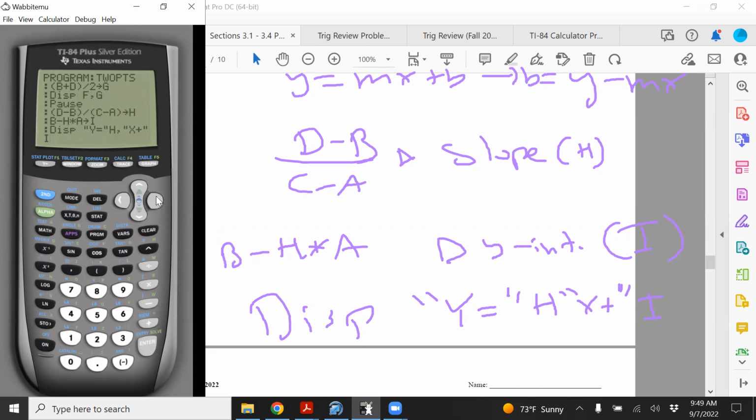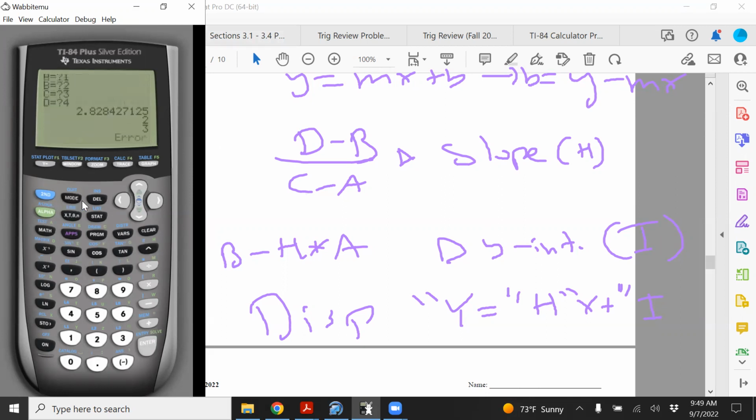After the H, I should have put a comma there because I'm putting another variable. So I'm putting y equals quotation H, comma. It's still an error.